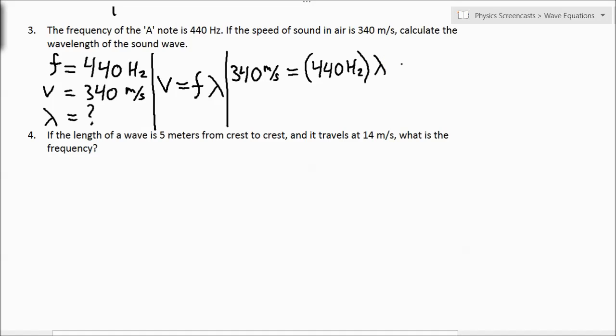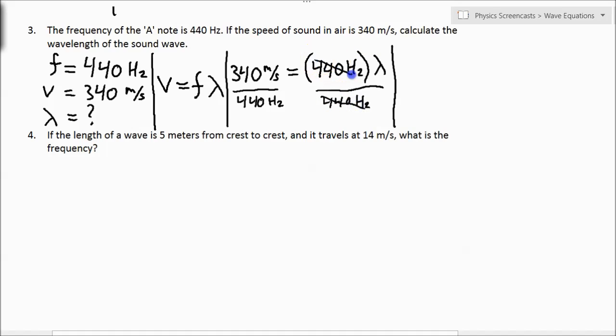And so we're going to solve this, but first let's simplify it just a little bit here. We need to get this lambda symbol by itself. So we're going to take both sides and divide by the 440 hertz, just like that.